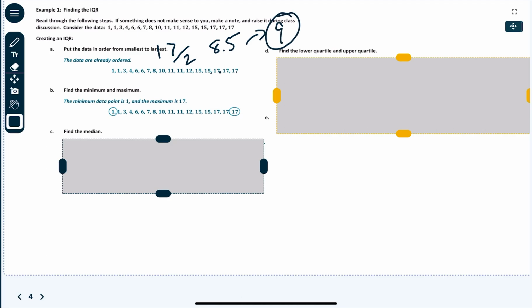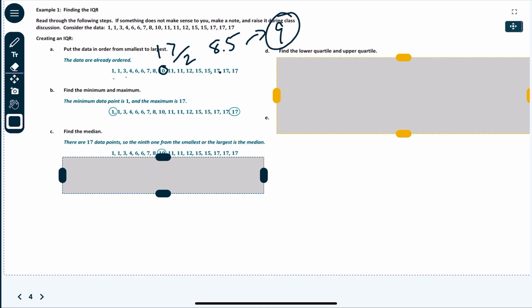So the 9th term is my median. So 1, 2, 3, 4, 5, 6, 7, 8, 9. So the 9th number is 10. So that will be our median. There it is.